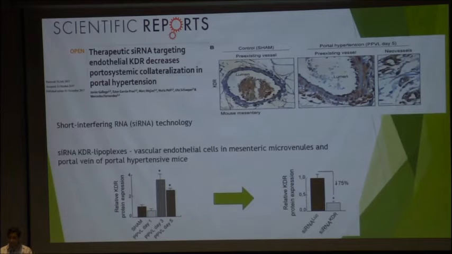Once you target it using short interfering RNA technology with lipoplexes, it acts on the vascular endothelial cells, which in turn act on the mesenteric microvessels and the portal vein, thereby causing a decrease in the portosystemic collaterals. So again, the blockade of VEGF using the newer short interfering RNA technology has been shown to reduce portosystemic collaterals and possibly forms a future therapeutic intervention in patients.